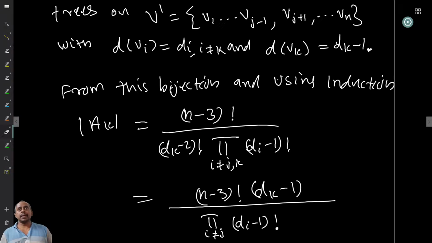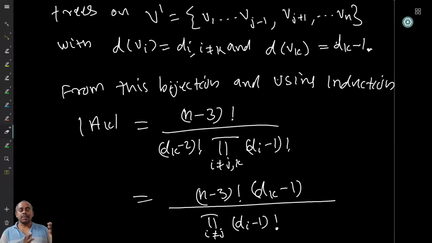So therefore, we are going to get trees on the vertices v minus vj, so v1 to vj minus 1, then vj plus 1 to vn. So on n minus 1 vertices, we get trees which are again connected. And what is the property of the trees that we obtain this way? For all the trees, degree of vi is equal to di, because we have not changed the degree of anything except for vk.